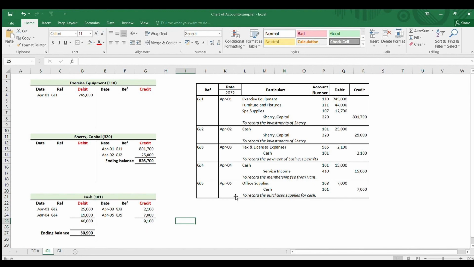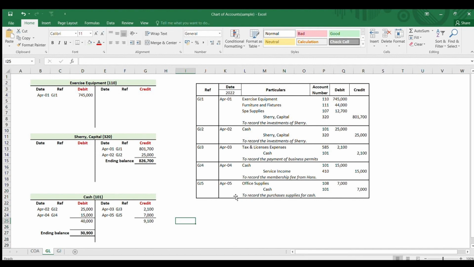To get the ending balance of cash, you subtract the credit portion from the debit portion. So 40,000 minus 9,100 is equal to 30,900, which is your ending balance. The same process is also done for the other ledger accounts.